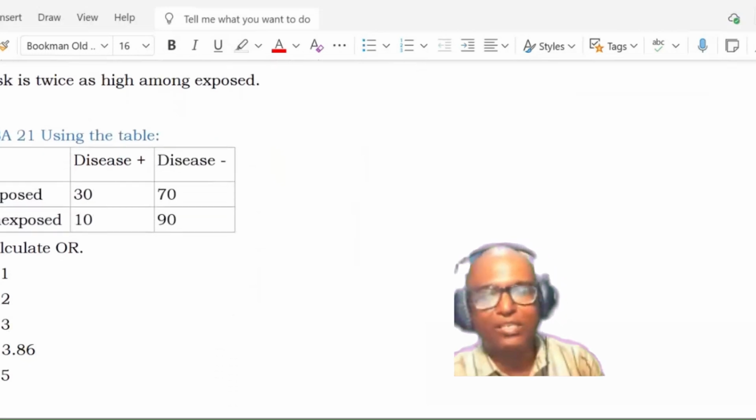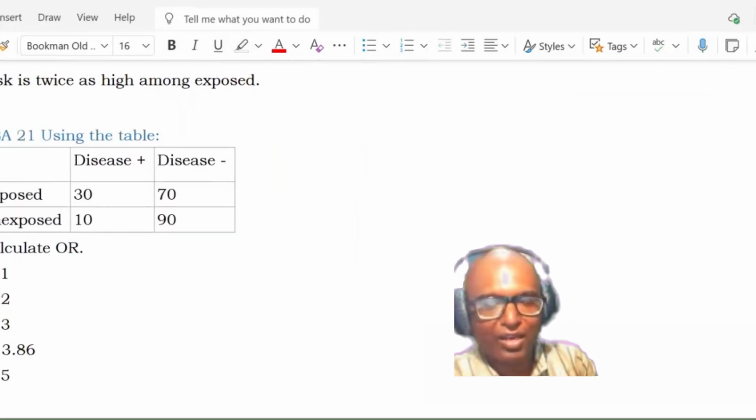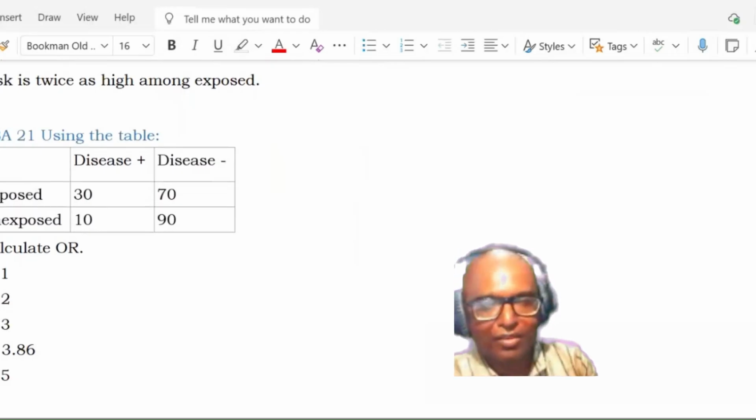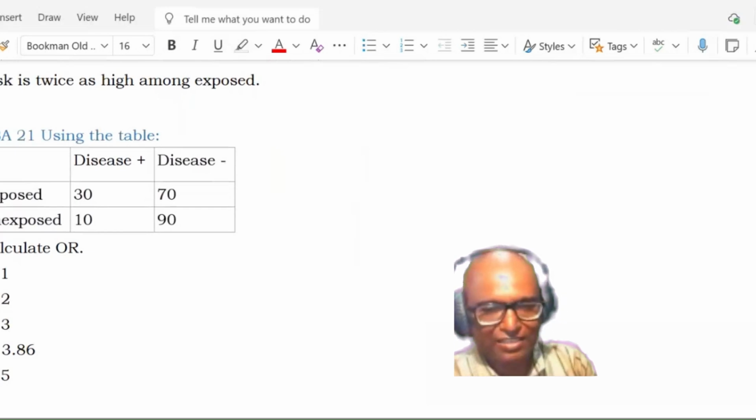Now this is the table. You calculate the odds ratio. Odds ratio is not the incidence among the exposed; odds ratio is the odds in the exposed divided by the odds in the unexposed, AD upon BC.